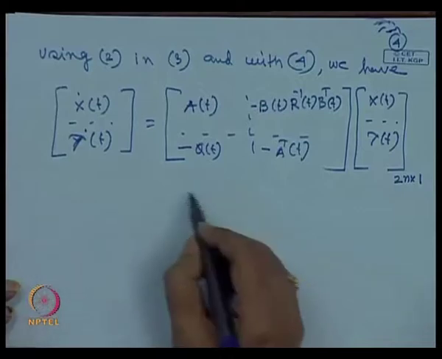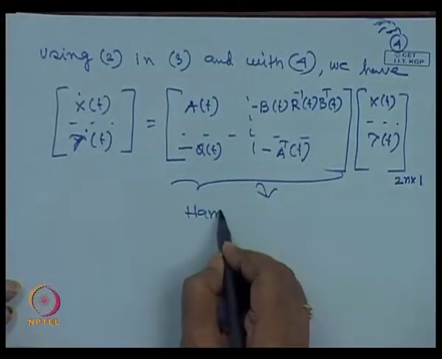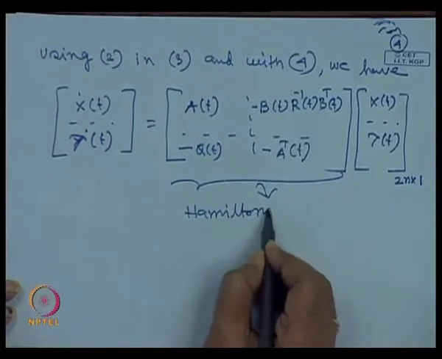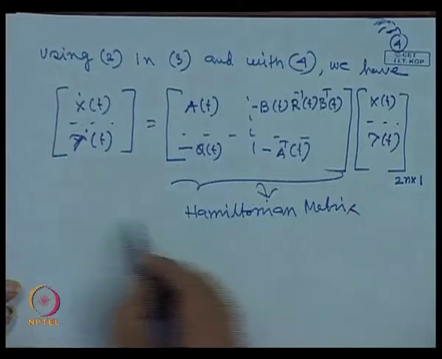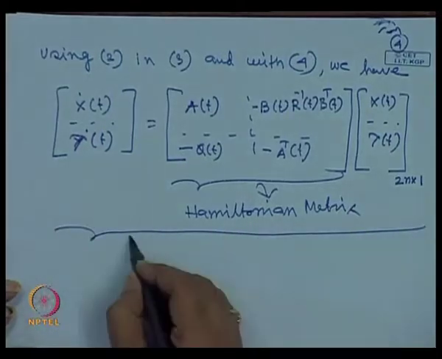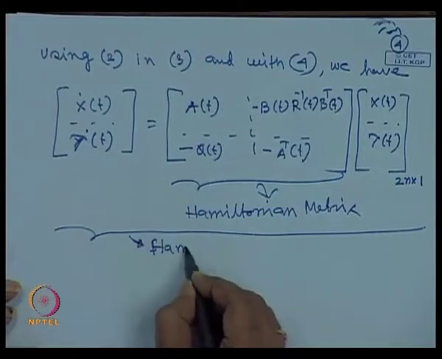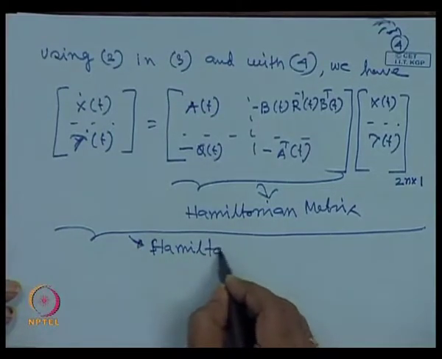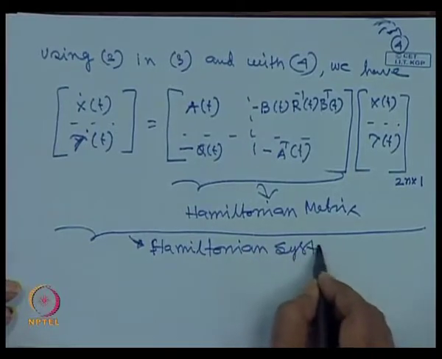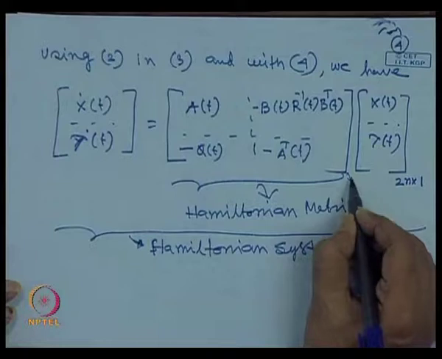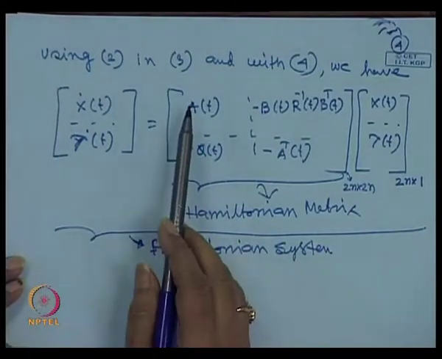Now this is called the Hamiltonian matrix, and this whole thing is called the Hamiltonian system, and this matrix dimension is 2n cross 2n. Now, look at this expression.